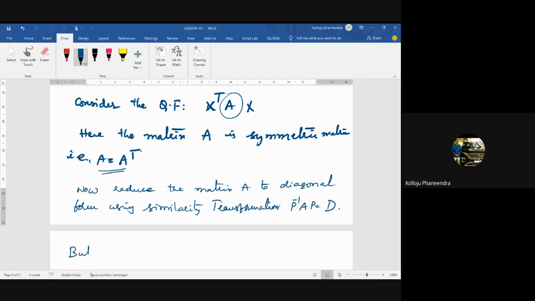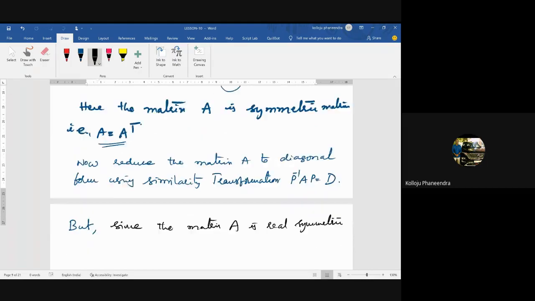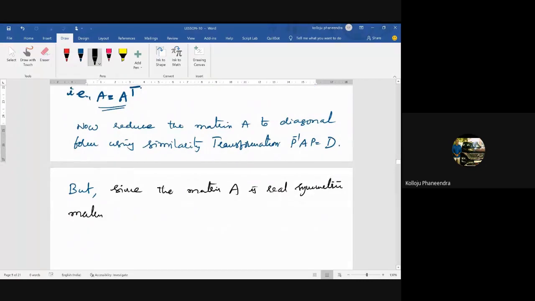But the thing is here, this is important: since the matrix A is a real symmetric matrix, that means the entries are real, the eigenvectors of A are pairwise orthogonal.